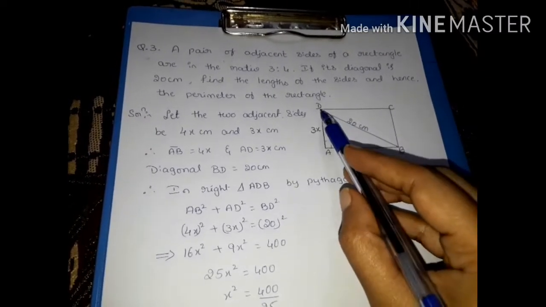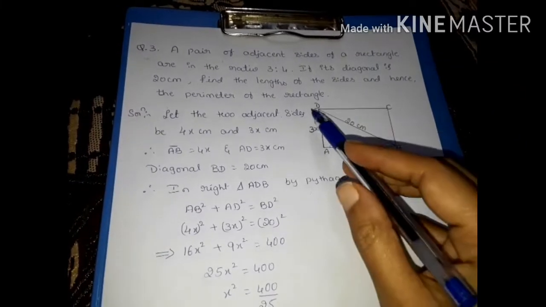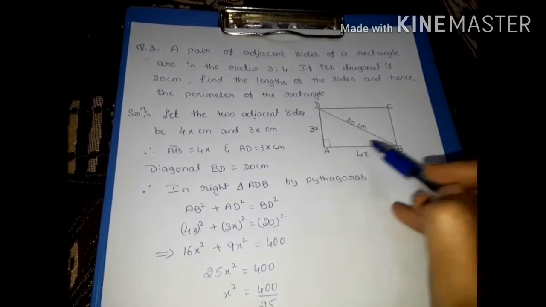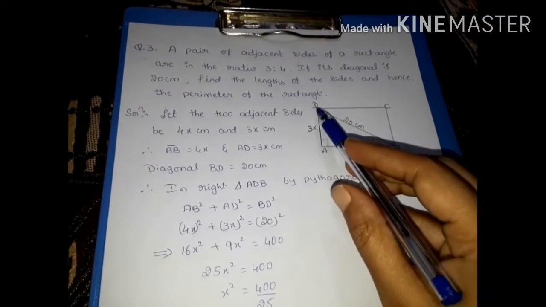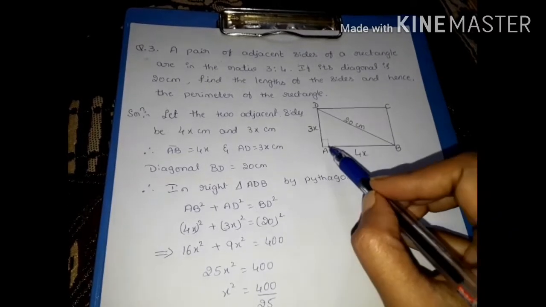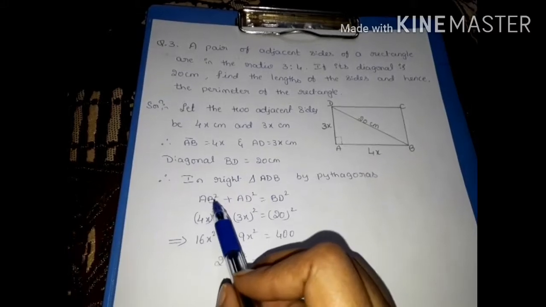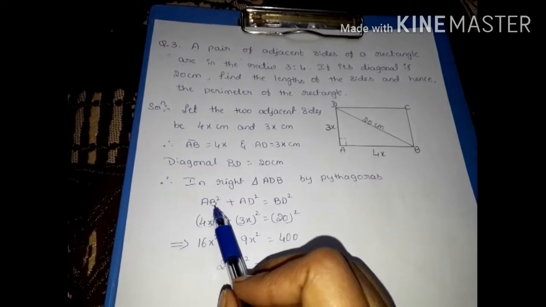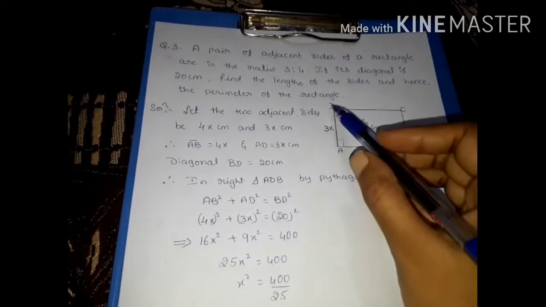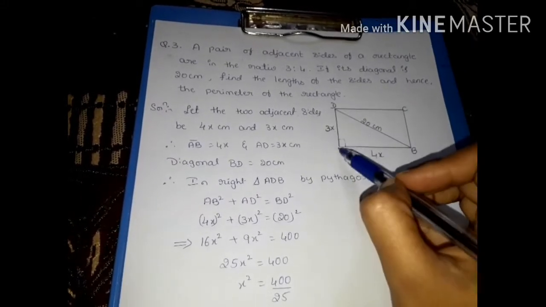According to Pythagoras theorem, DB square is equal to DA square plus AB square. Hypotenuse square is equal to the sum of the squares of the base and perpendicular.